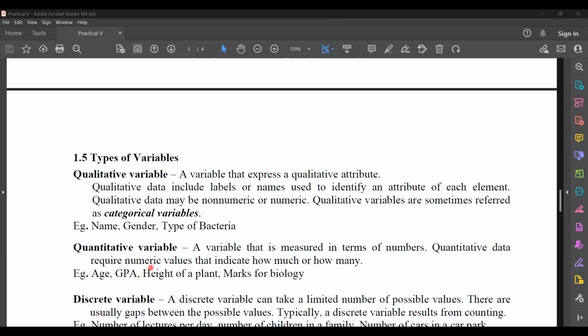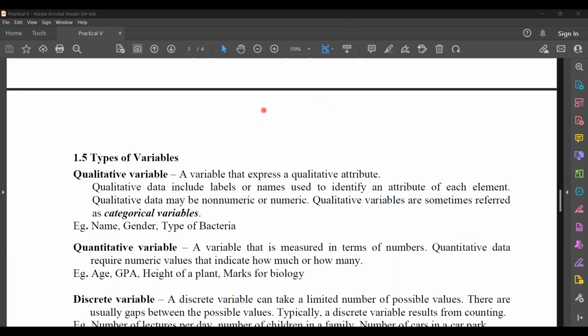And if we consider quantitative variables, or numerical variables, they always deal with numerical information. For example, age in years, monthly income of a household, marks for statistics, weight of a student, and number of siblings in the family.